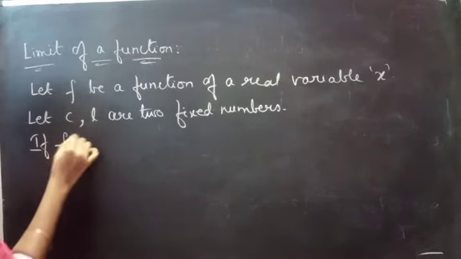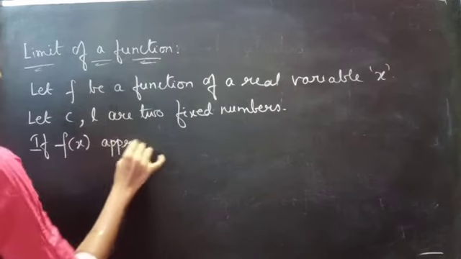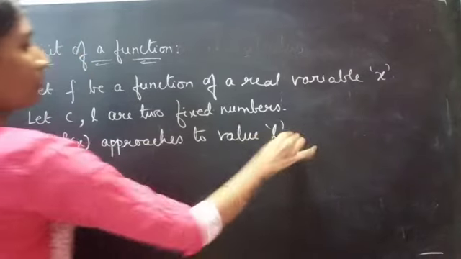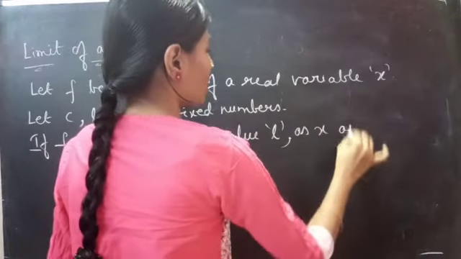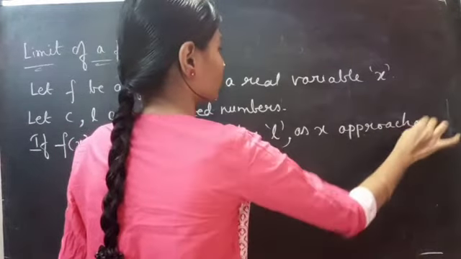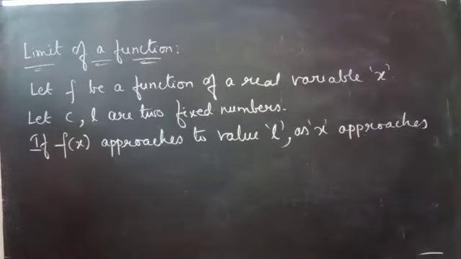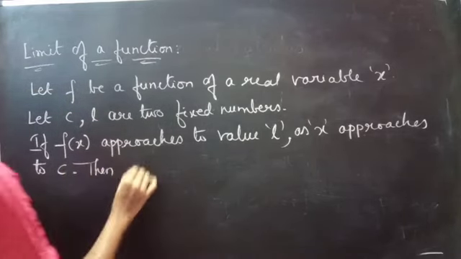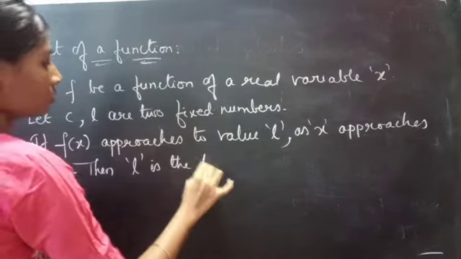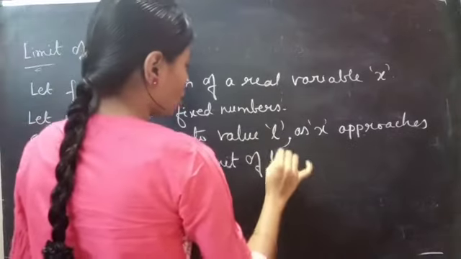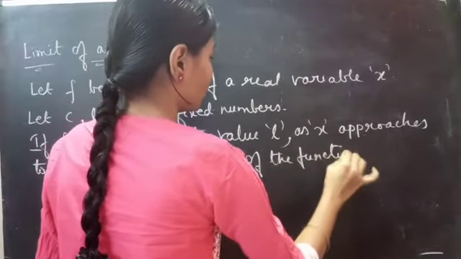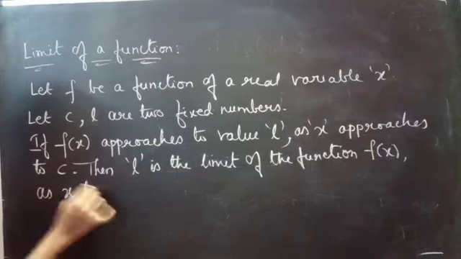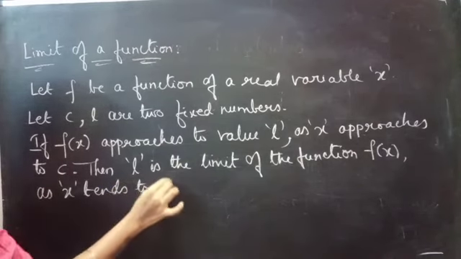If f of x approaches value L as x approaches C, then L is the limit of the function f of x as x tends to C.